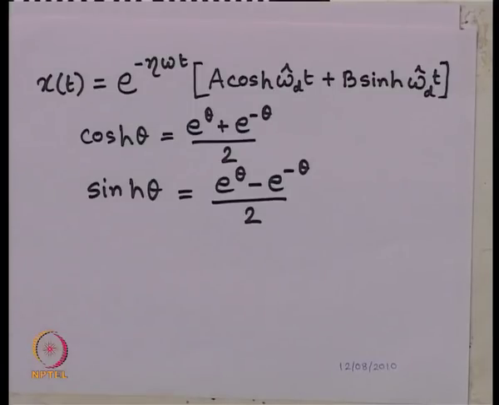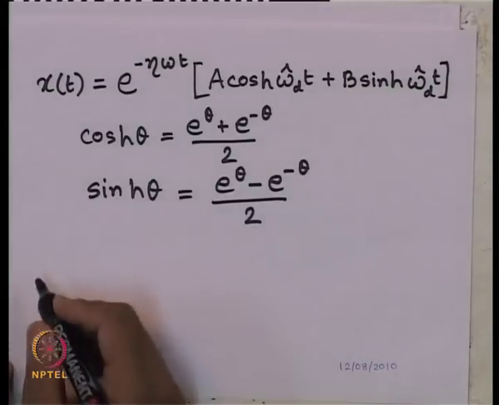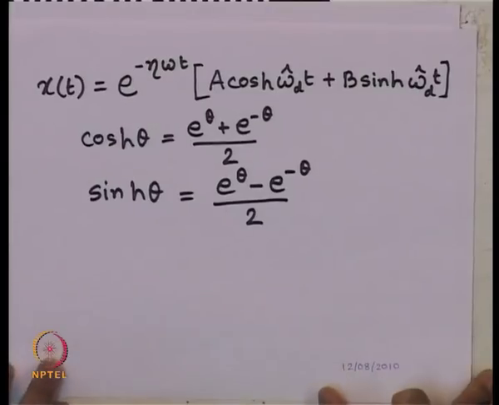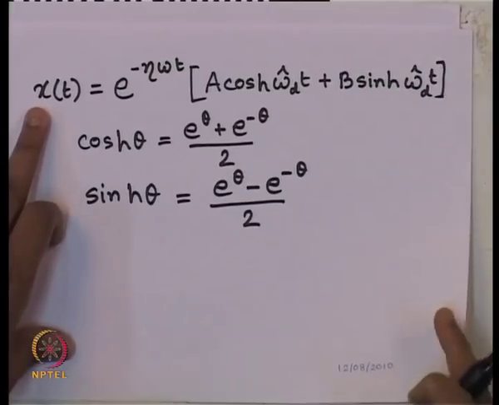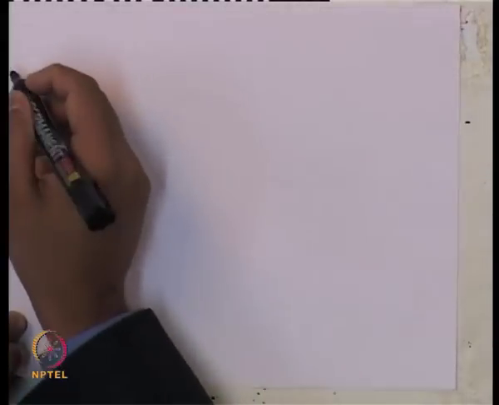To continue with this solution, now let us find out the expression for the velocity, that is x dot t, from this solution form, so that we can put the initial conditions here.